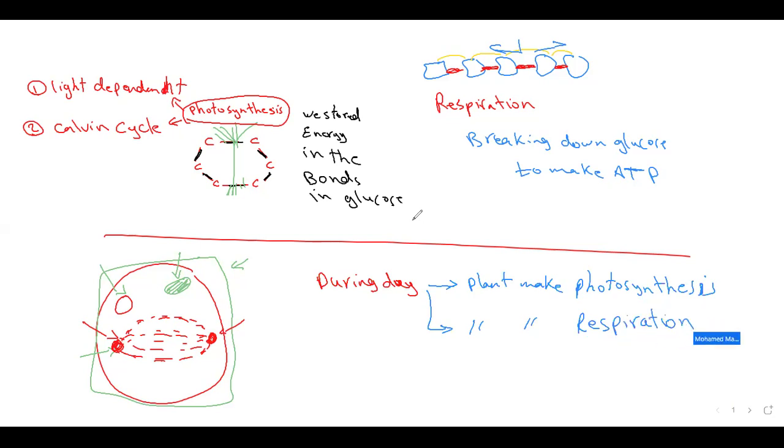They make food and they break food during the day, right? They take some carbon dioxide from the air to make food, and they also break this food and release some carbon dioxide.